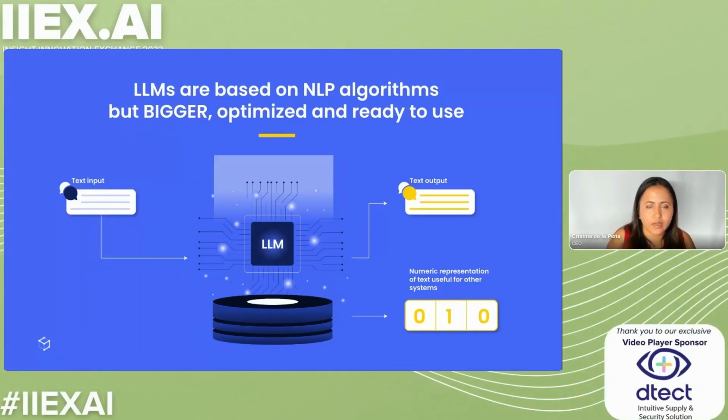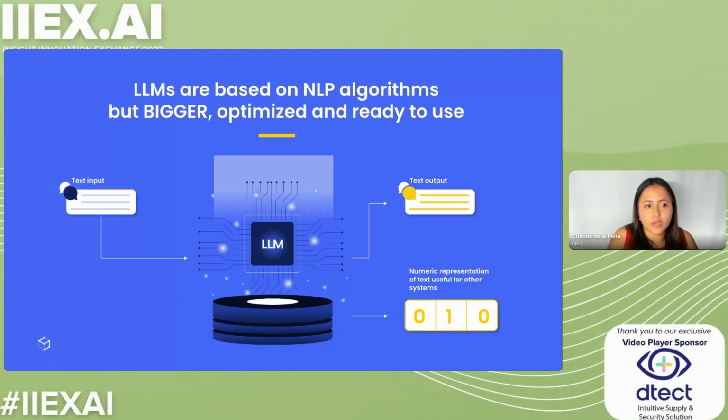Those were based on NLPs. The thing with NLPs is that they were very hard to train, and required a lot of information, a lot of effort, a lot of money. But LLMs basically outperform NLPs, use NLPs, and expand them 100x. They are bigger, optimized, and ready to use.